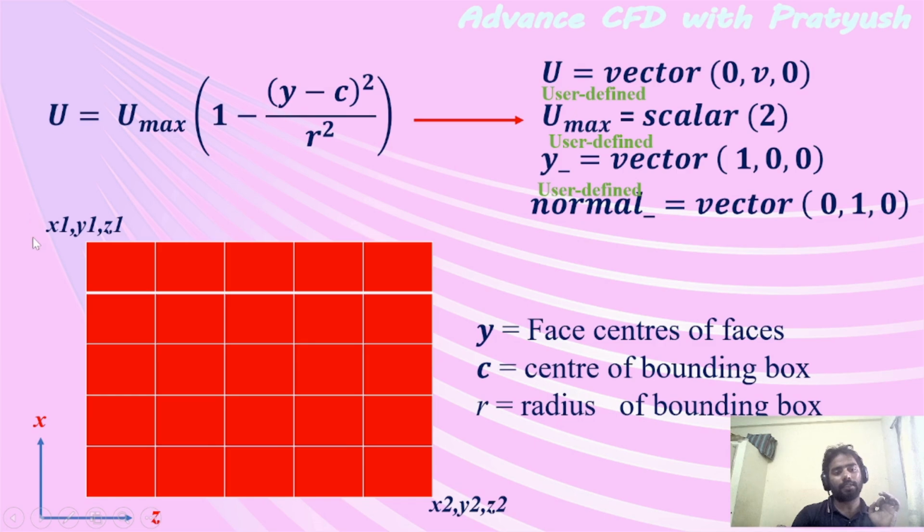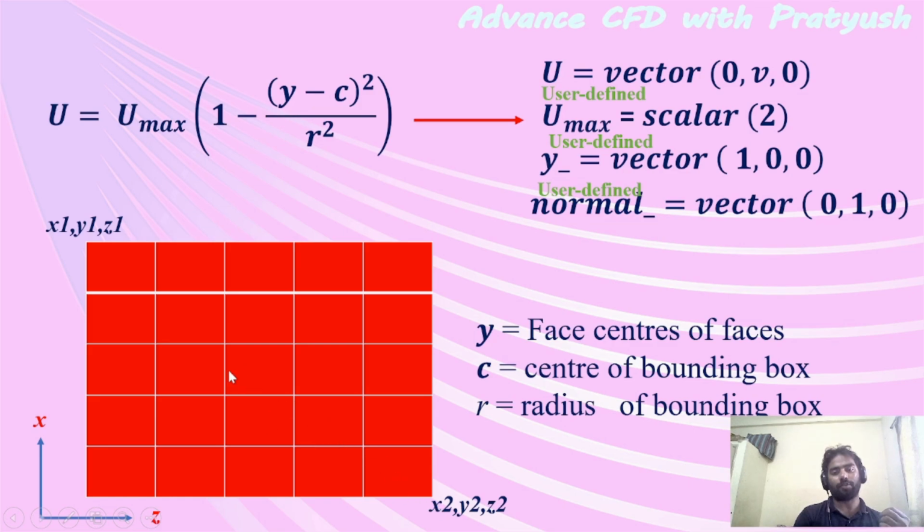What I mean to say is that this is the max coordinates and this is the min coordinates. When we take the sum of these two coordinates and take half of the sum, it is going to give me the coordinates of the center of this complete patch. Similarly, if we subtract these two quantities and take half, it is going to give me the length of the radius.